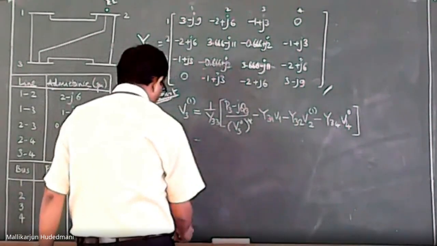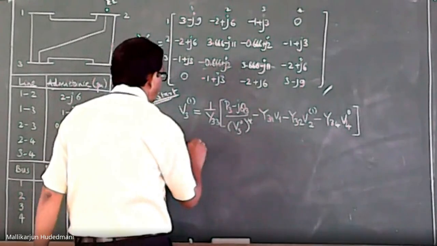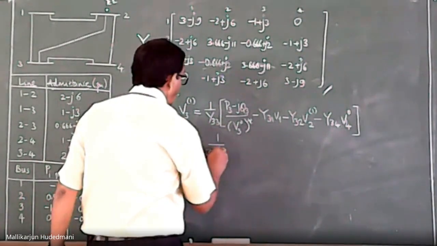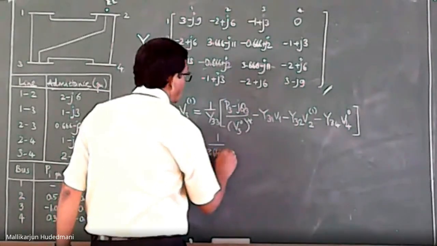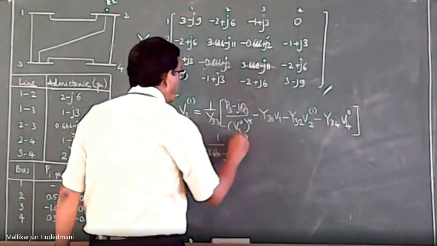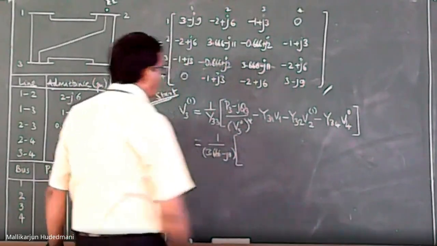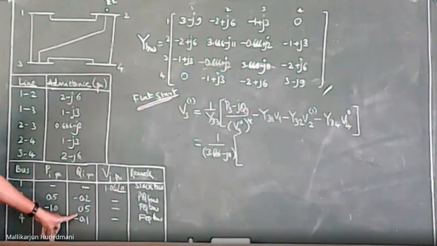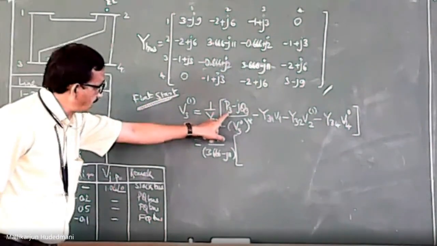How do I do it? I just take out these values. What is Y33? 1 divided by, in bracket, 3.666 minus j11. What are P3 and Q3? Can you see here? P3 is the active power injection.